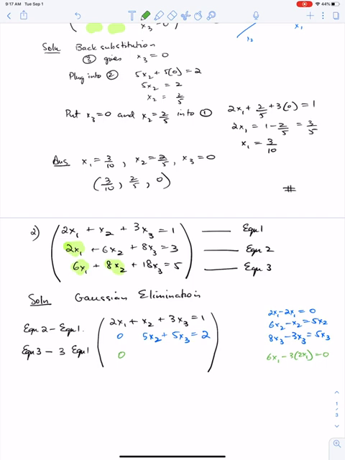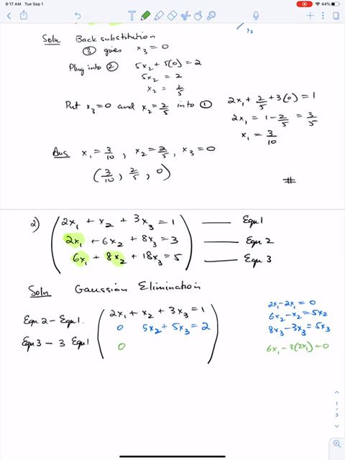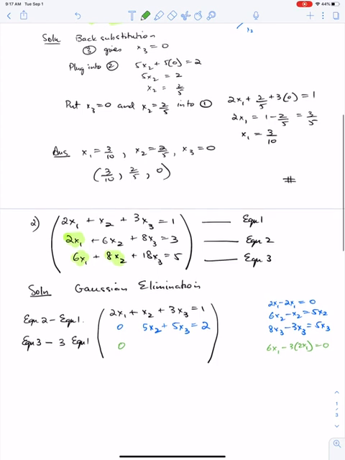We're trying to make it look like the previous one, because then we can finish it off with back substitution. 8x2 minus 3 times x2 is 5x2, and 18x2 minus 3 times 3x2 is 18 minus 9, which is 9x2.